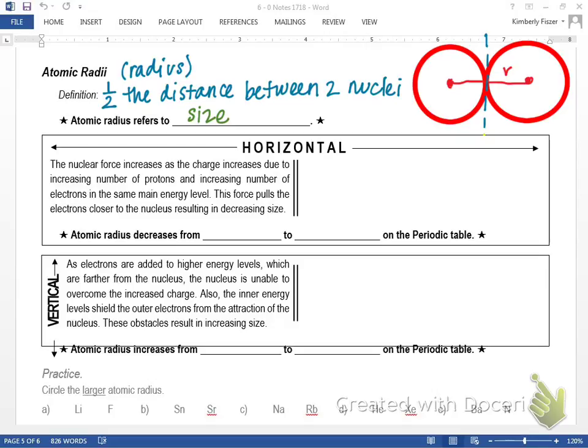However, this last sentence says, this force pulls the electrons closer to the nucleus, resulting in decreasing size. So I have a whole bunch of things that are getting bigger, and yet my atom starts to get what? Smaller.